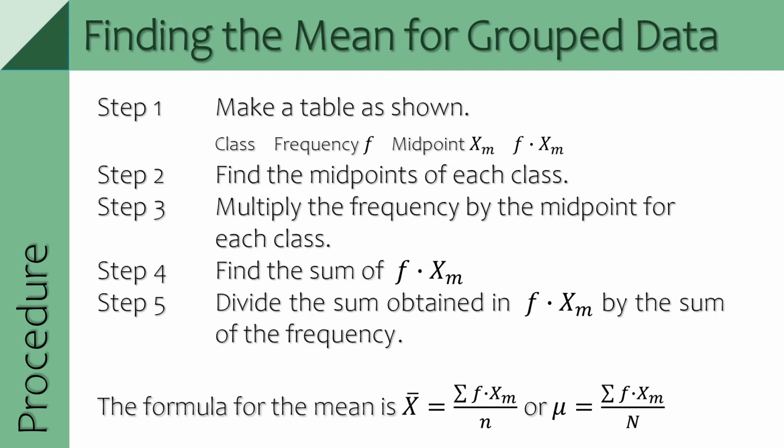The formula we are about to use is x bar equals the summation of f multiplied by the midpoint over n, for the sample. For the population mean, we have mu equals the summation of f multiplied by the midpoint x sub m all over n.